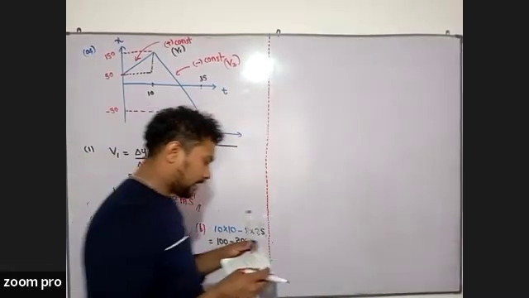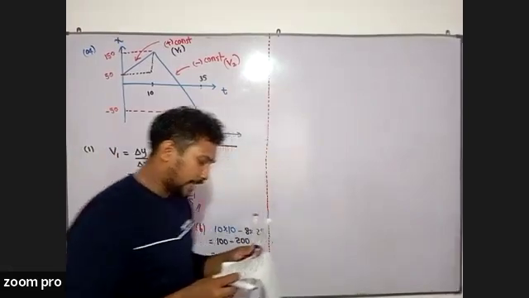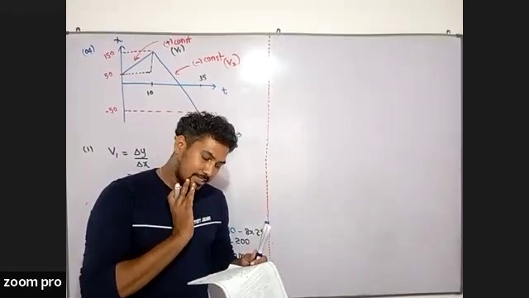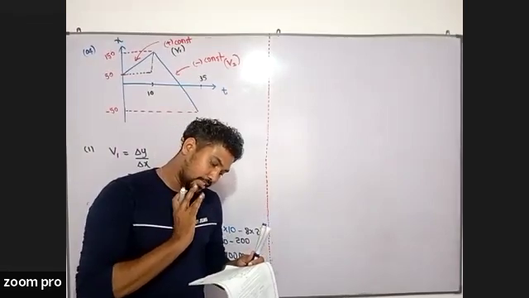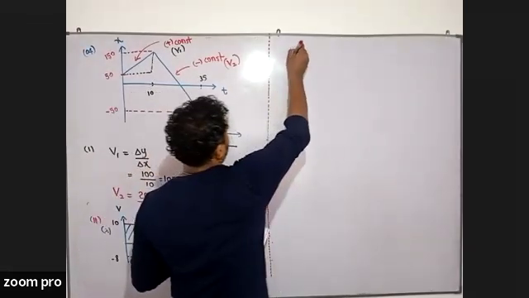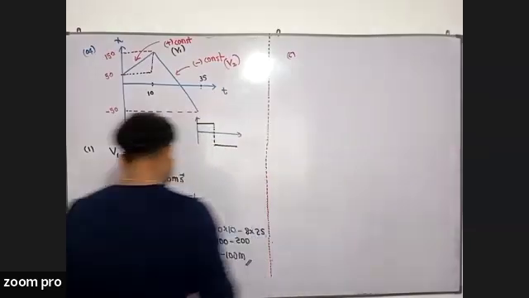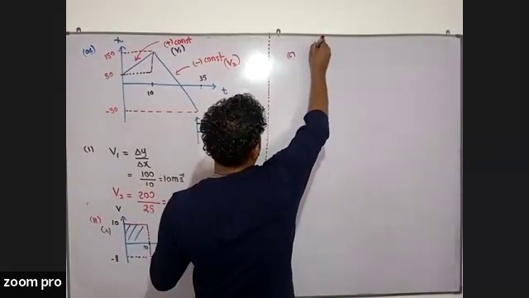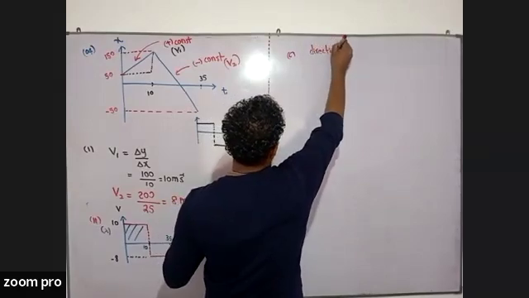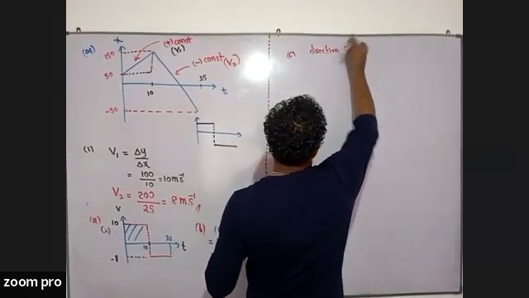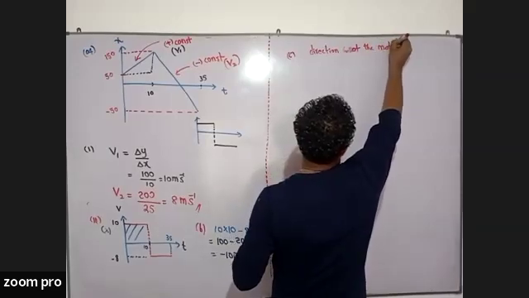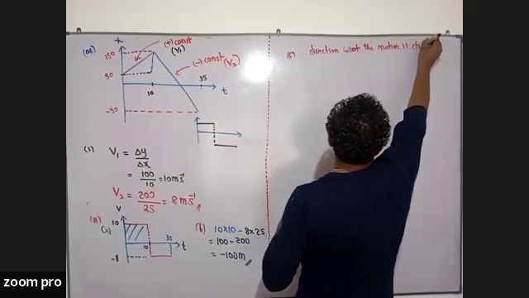In the C part, explain what happened to the motion of the object at t equals 10 seconds. Give a practical example where similar changes occur. Alright, guys, what happened? The direction of the motion is changed.